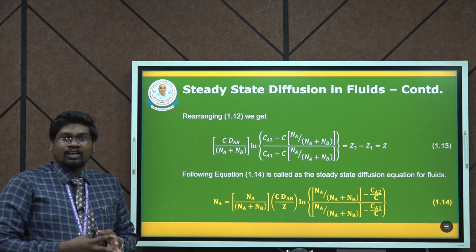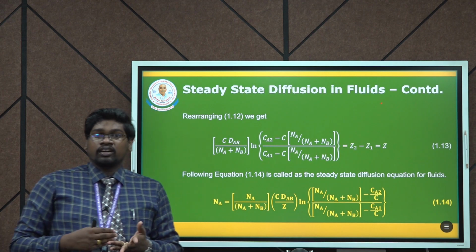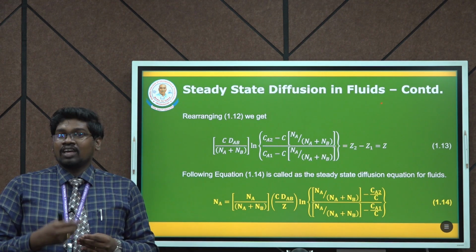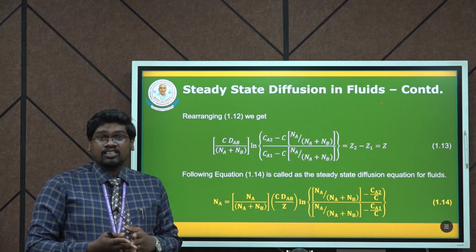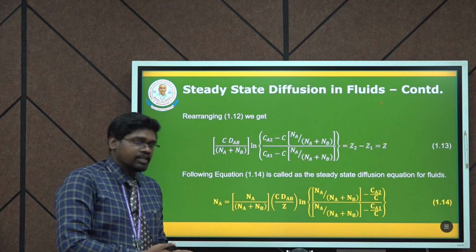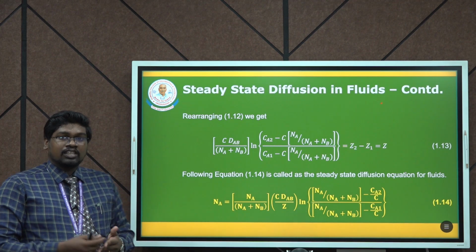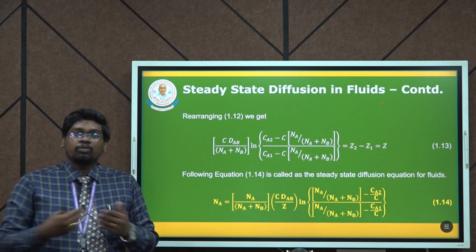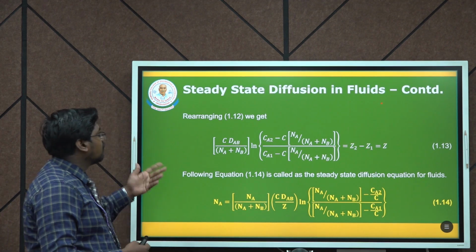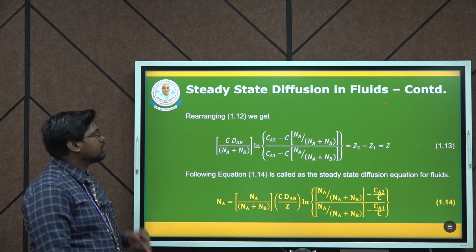In this lecture, we have seen what diffusion is and the types of diffusion: eddy diffusion and molecular diffusion. We have seen steady state and unsteady state operations and Fick's law, and how Fick's law is applied to steady state operations. We have seen that the diffusivity is the same for A to B or B to A, and we calculated the net flux of steady state diffusion in fluids.